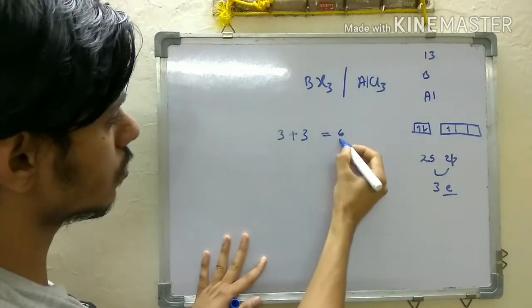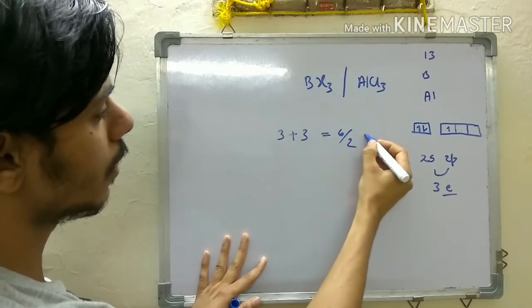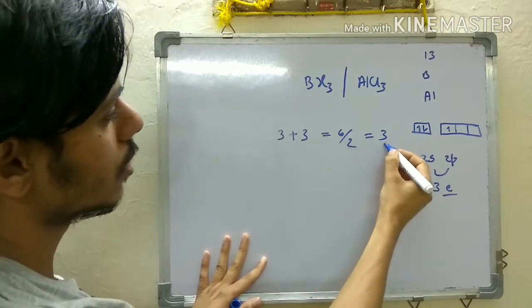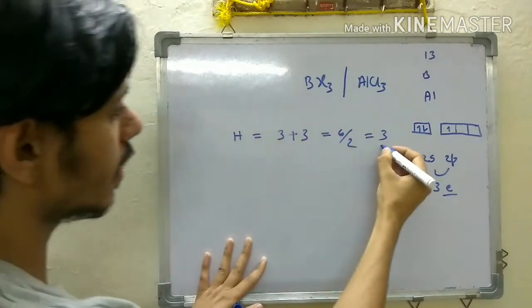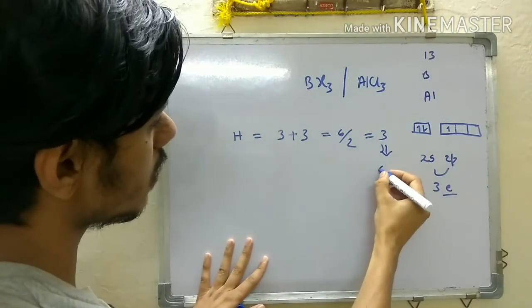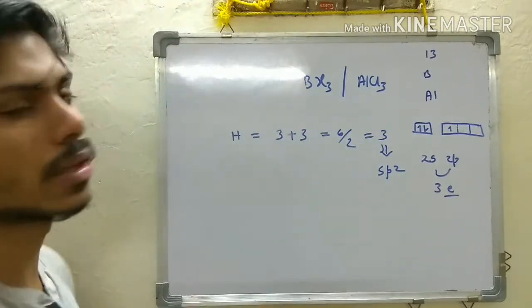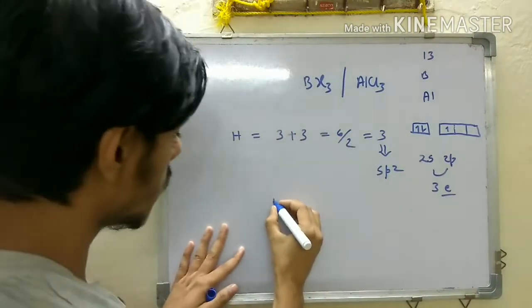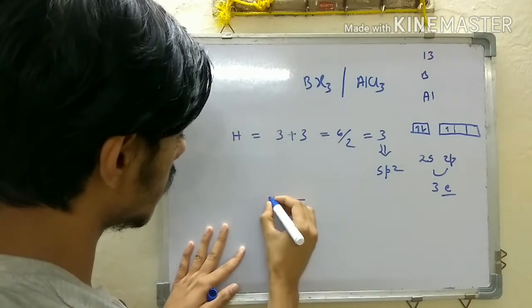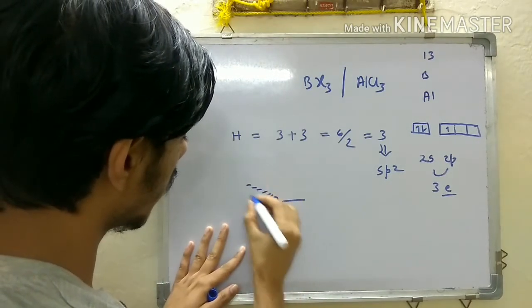So 3 plus 3 equals 6, and when you divide it by 2 you will get 3. I represent this number by H, and if H is 3, that means it is sp2 hybridized, right? Now, sp2 hybridized means these 3 bonds will be in plane.